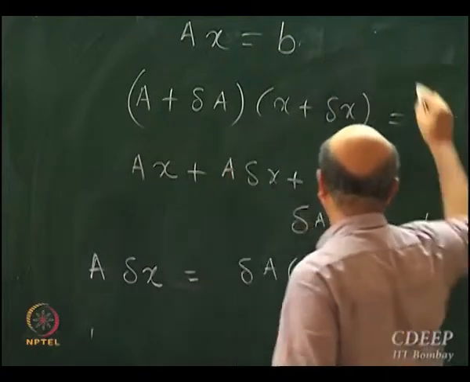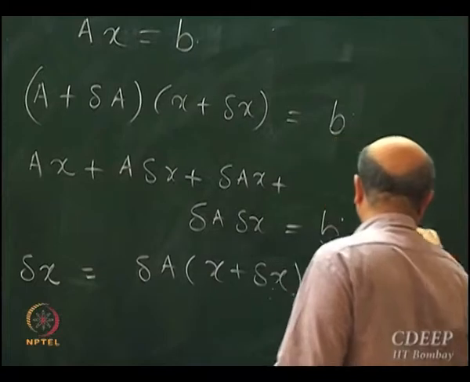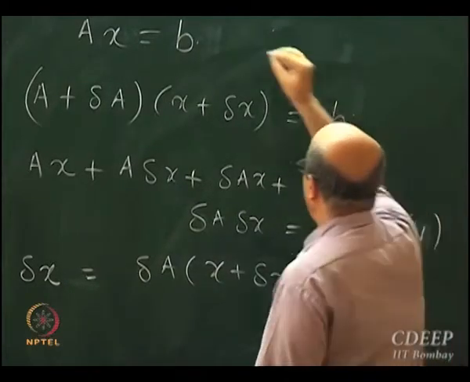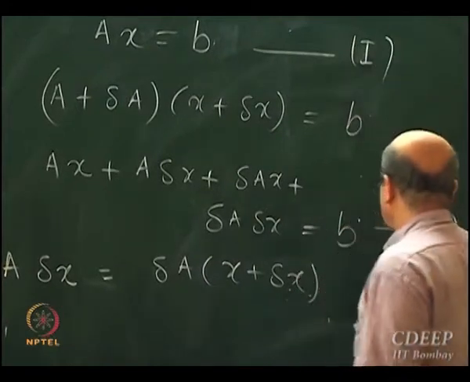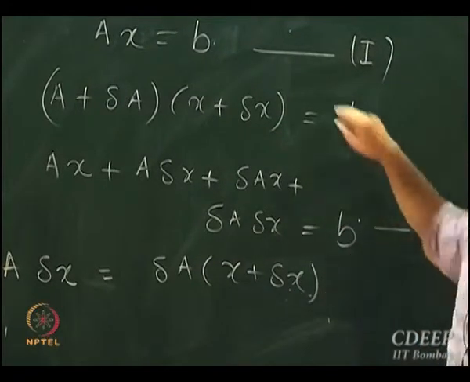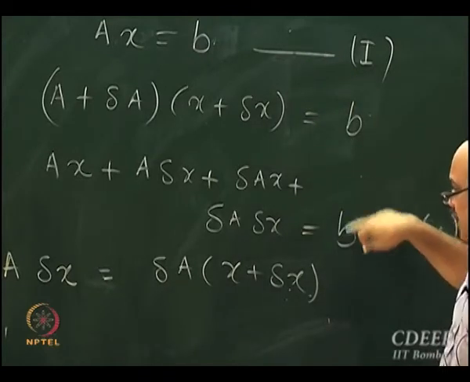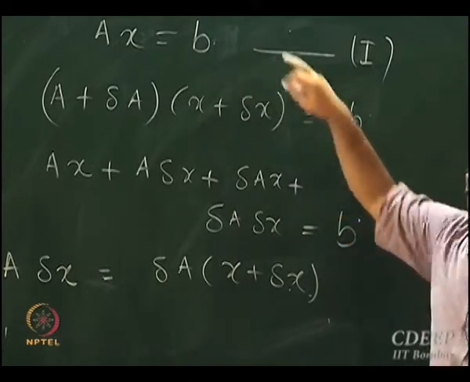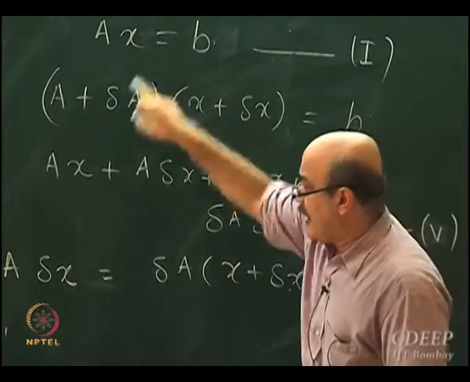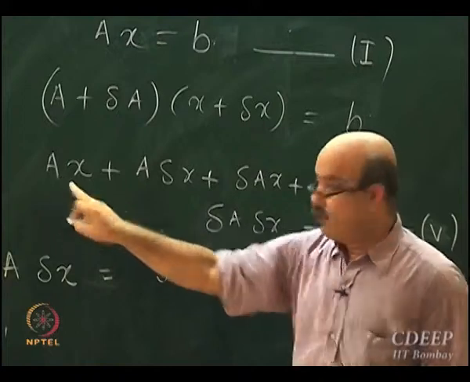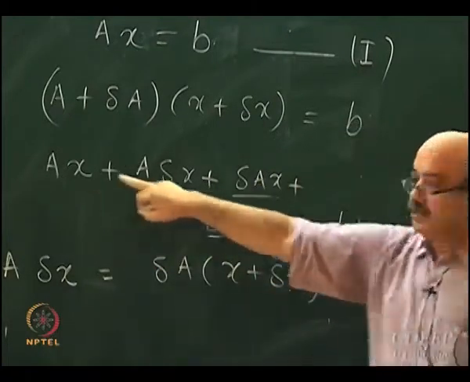So if this is my equation 5, and this is the same as equation 1 which we have written earlier, if I subtract equation 1 from 5, b and b on both sides will disappear. Ax and Ax will disappear. What remains is this term, and this term.